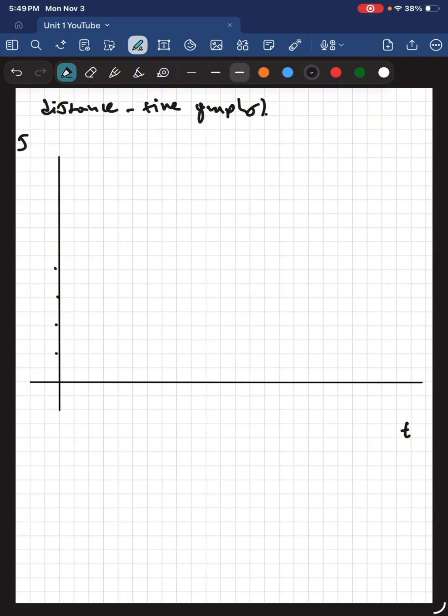I can use 3 squares, so 3 squares mean 10 meters, and that's the displacement in meters.